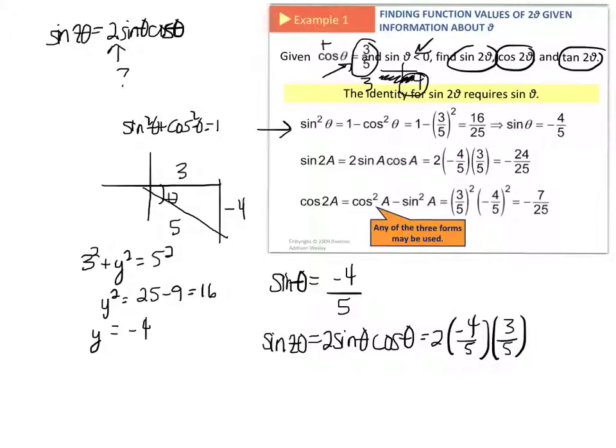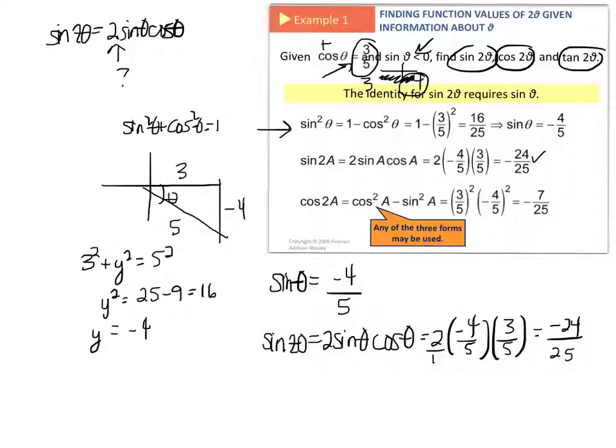So then I like to think of this as over 1. So we multiply the numerators. So we'd have 2 times 4 is 8 times 3 is 24. So negative 24 over 5 times 5 is 25.